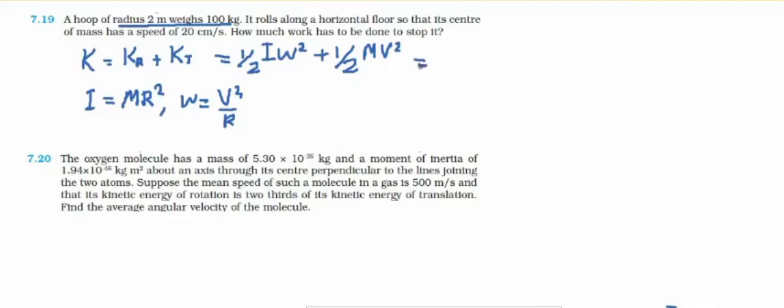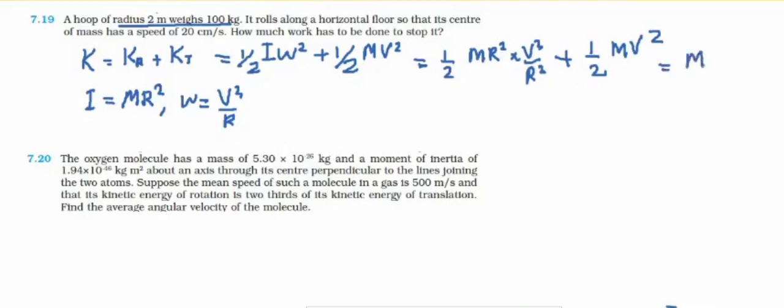You will get total kinetic energy is equal to half into mr square into v square by r square plus half mv square. So r square cancels, you can simplify, and you will get the answer mv square.